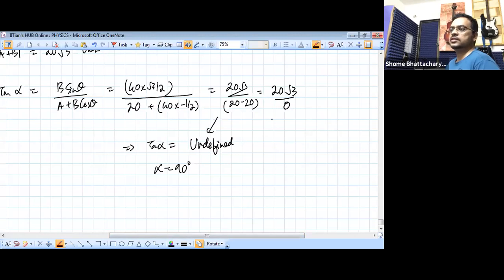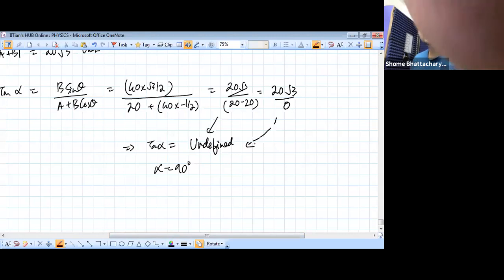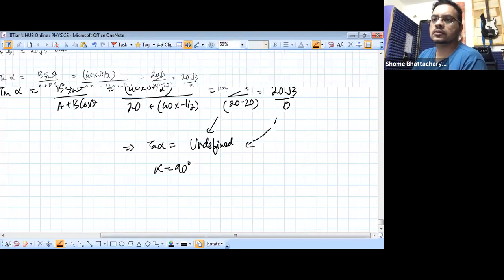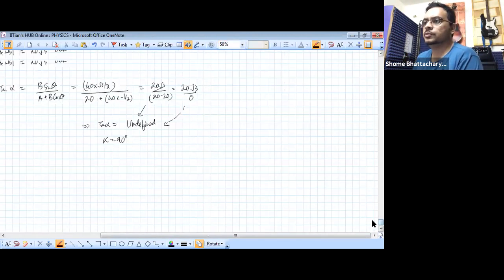So the division by 0 means that it is an undefined quantity, because tan 90 is undefined, na Kunal beta. Is it clear?